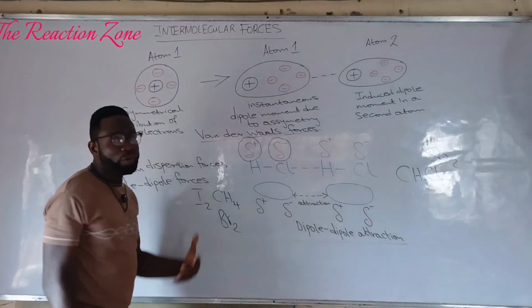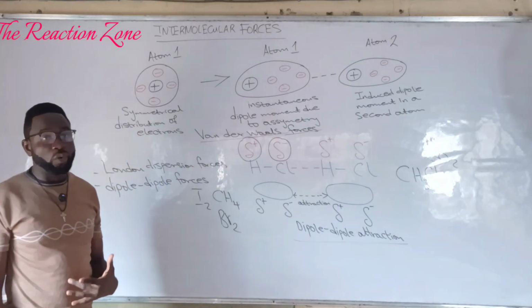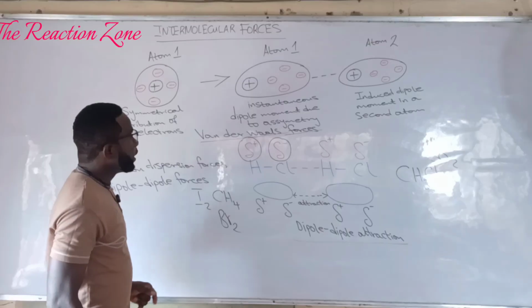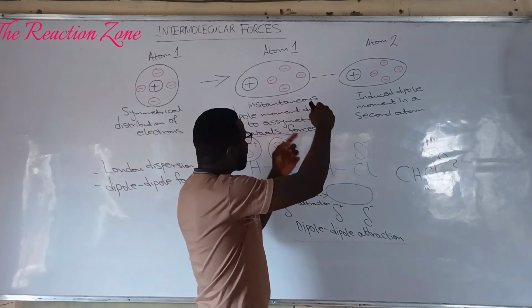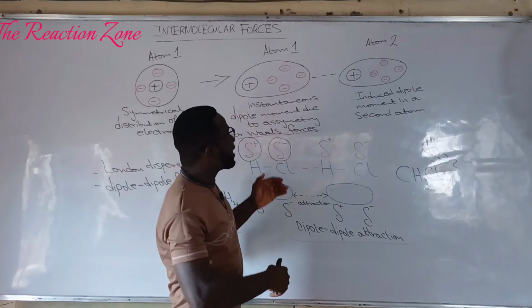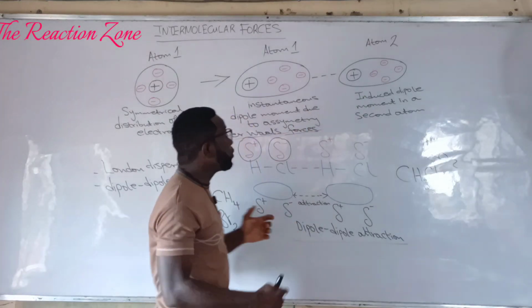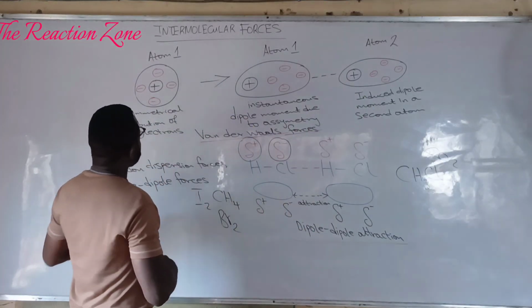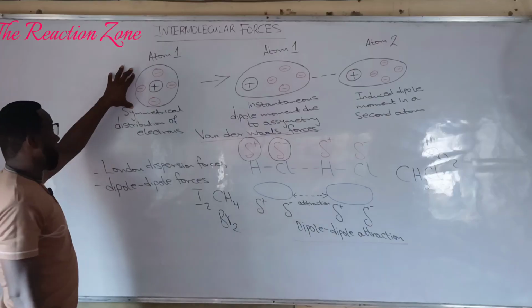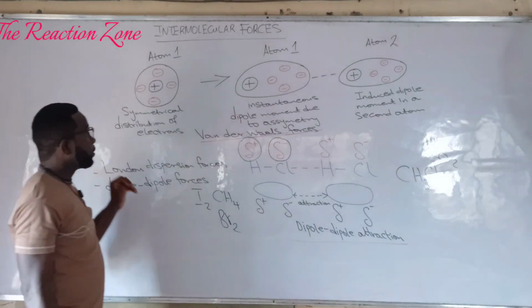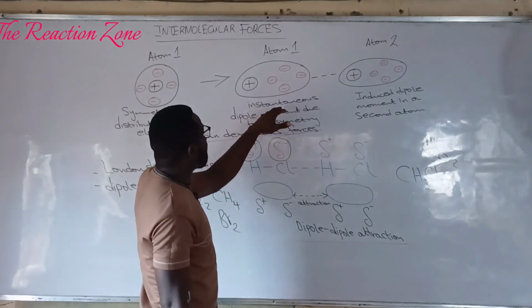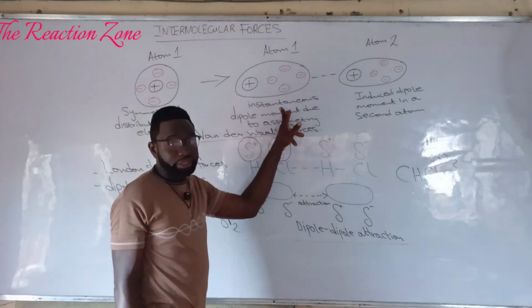Now, when this temporary or instantaneous dipole is created, it can actually bring about an instantaneous or temporary dipole in neighboring atoms. When you look at the illustration here, this shows you atom 1 when there is a symmetrical distribution of electrons. And then this shows you when an instantaneous or temporary dipole is created.